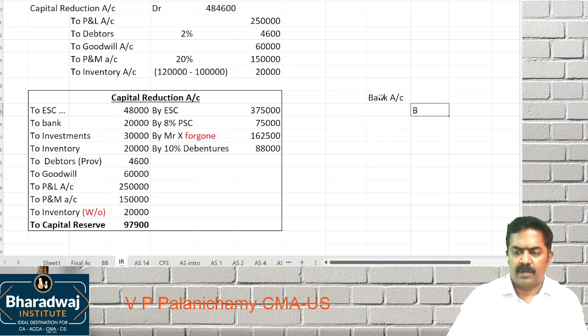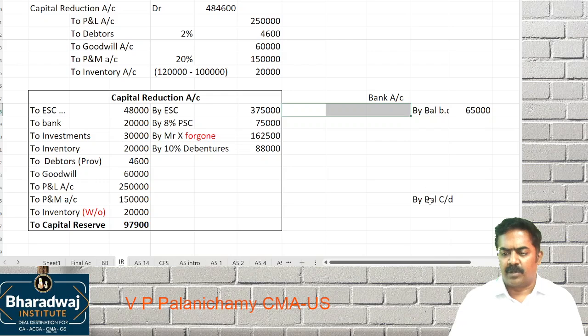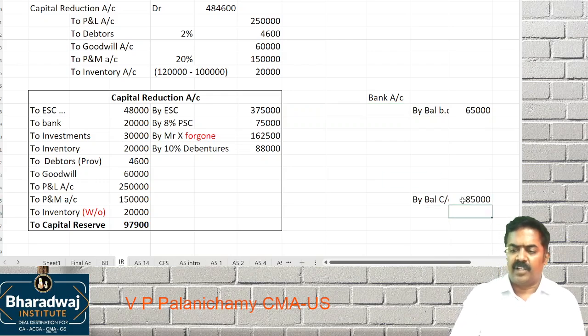By balance brought down, we have 65,000. Then closing balance we want to maintain, by balance carry down. If it is a normal balance, to balance brought down, by balance carry down. How much we have to maintain? 85,000 required. This is OD balance. Opening balance is OD balance.